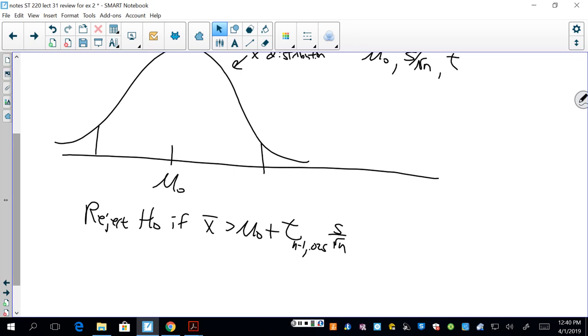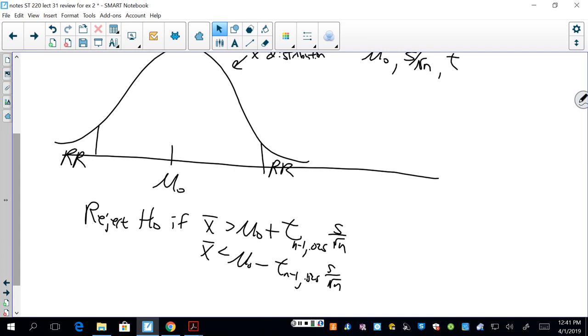Or if it's less: we reject down here, we reject up here, when x bar is less than mu sub 0 minus that cutoff value. If you think about the t value being somewhere around 2, if x bar is more than 2 standard errors above mu sub 0 or 2 standard errors below, then it's kind of out there.